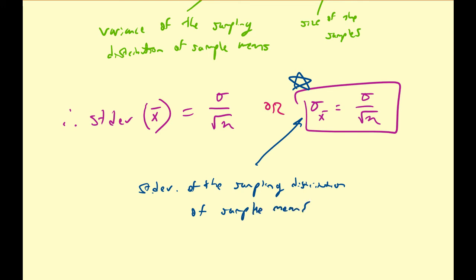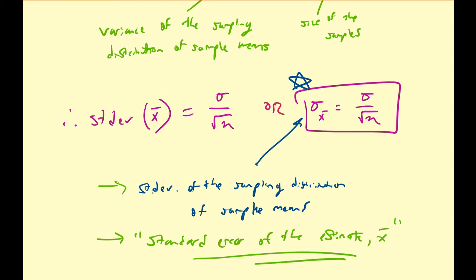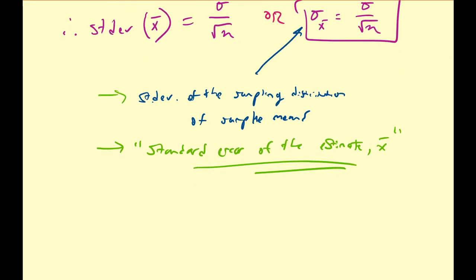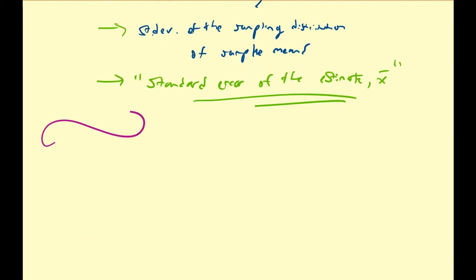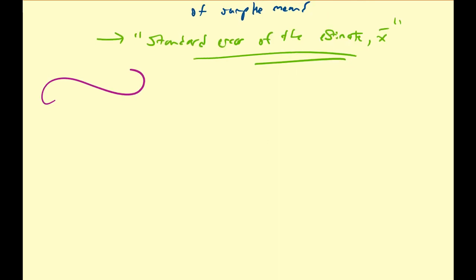Sometimes people will refer to this as the standard error of the estimate x bar. So these are the two main properties associated with the sampling distribution of the sample mean, its expected value and variance. Let's summarize this in a neat way.